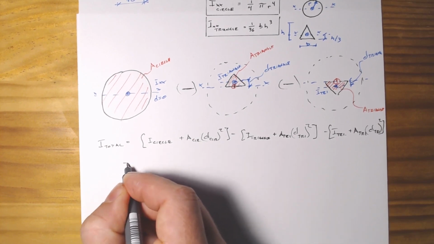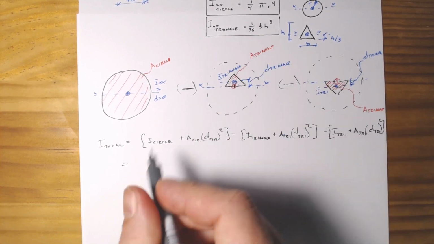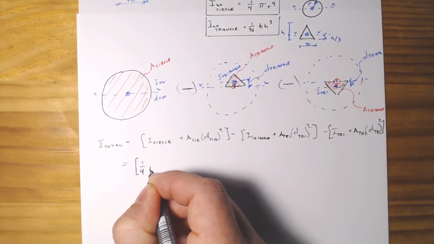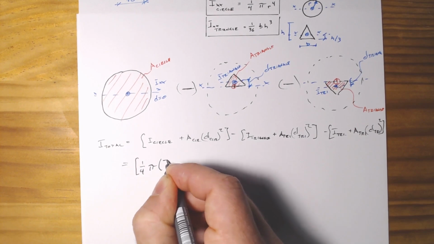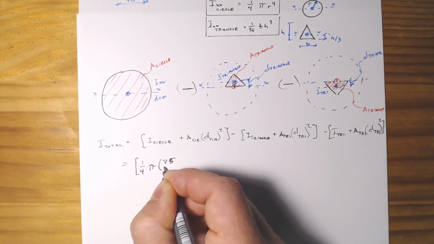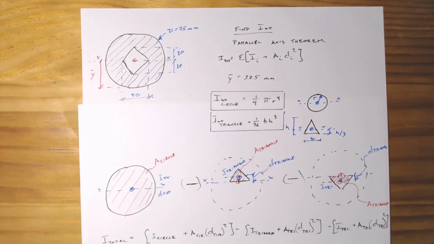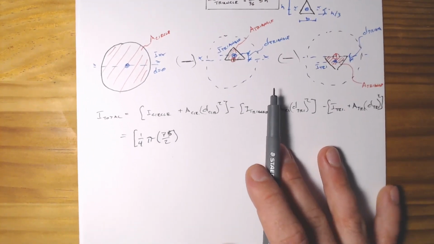So this is going to equal moment of inertia of the circle is simply going to be 1 over 4 times pi times 75 over 2 to go from the diameter to the radius.